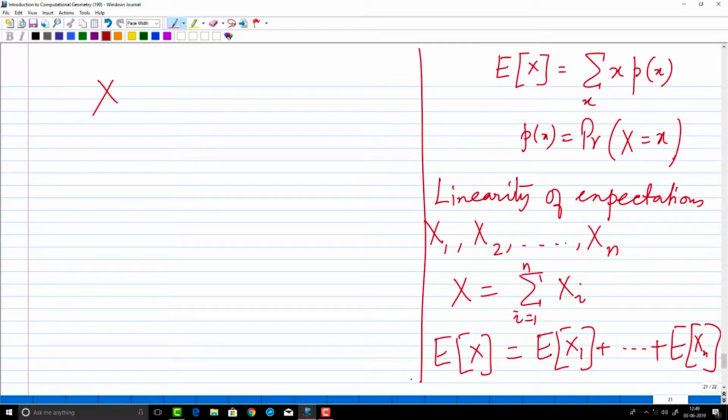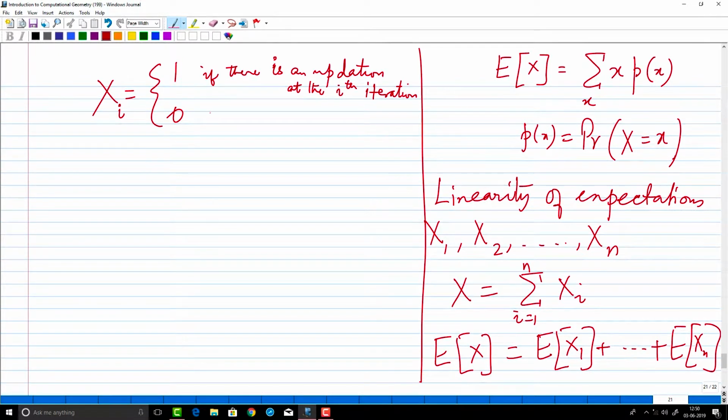So, this everyone knows, we recollect this. Okay. For many of our problems we will deal with 1-0 kind of random variables, binary indicator random variables: 1 if some condition holds, like in our case 1 if there is an updation. So, let me tag it with an i: X_i is equal to 1 if there is an updation at the ith iteration, 0 otherwise.